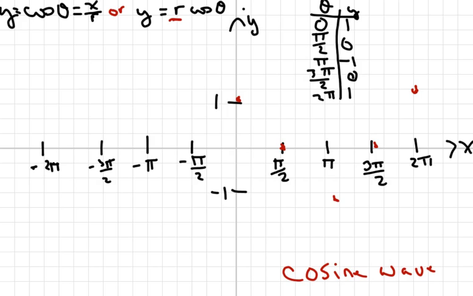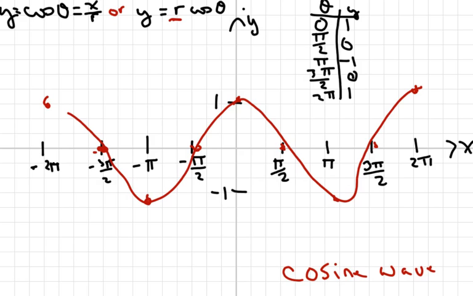And since this is a wave, for the negative ones, we just go back down, goes to -1, back to 0, and back to 1. And then you connect it in a wavy pattern. And that is your characteristic curve for the cosine wave.